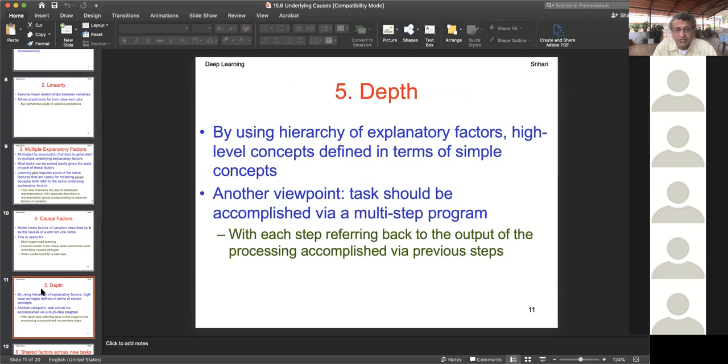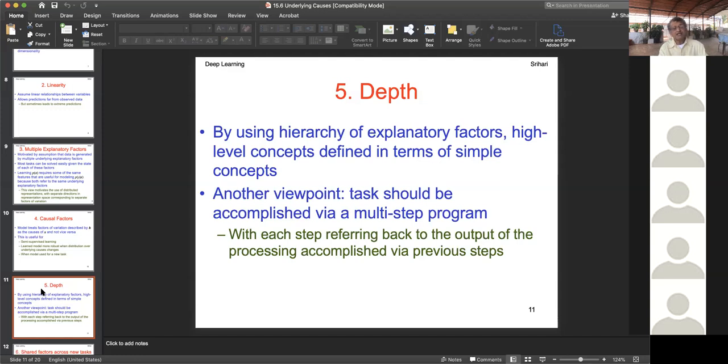So the depth issue is by using a hierarchy of explanatory factors, high-level concepts defined in terms of simple concepts. So that essentially leads to your dealing with high-level concepts defined in terms of simpler concepts. And another viewpoint is that tasks should be accomplished via a multi-step program.